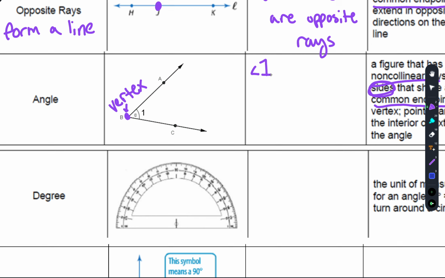Then we name our angles using 3 letters, 1 for each side and 1 representing the vertex. The vertex is always going to be that middle letter. So I could call this angle ABC because B is the vertex. The order of the outside two pieces doesn't really matter. So angle CBA refers to the same exact angle.